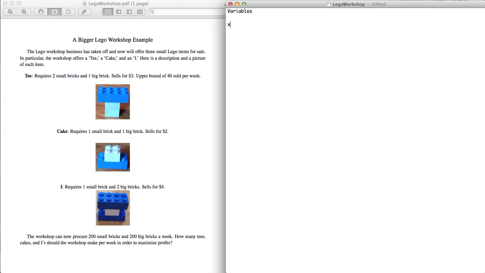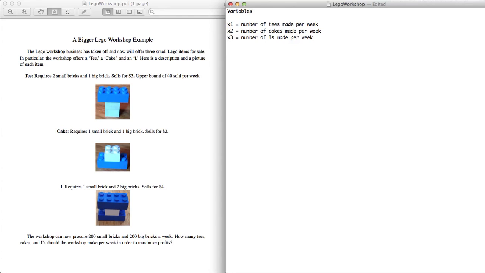So we're going to define x1 to be the number of T's made per week. x2 is the number of cakes made per week. And then x3 is the number of I's made per week.